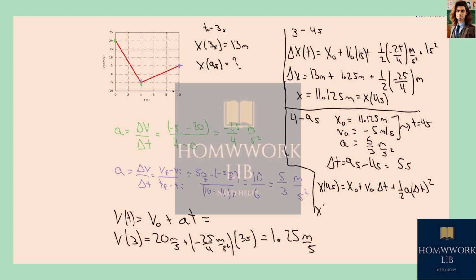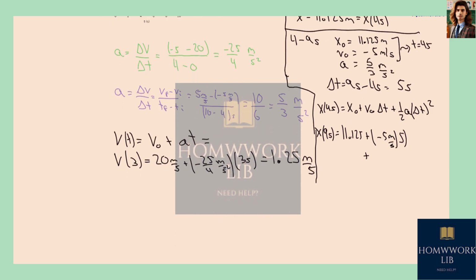Plugging in the values for getting our result, 11.125 plus minus 5 meters per second times 5, plus 1/2 of 5/3, now as a positive, meters per second squared times delta t, which is 5 seconds, squared.